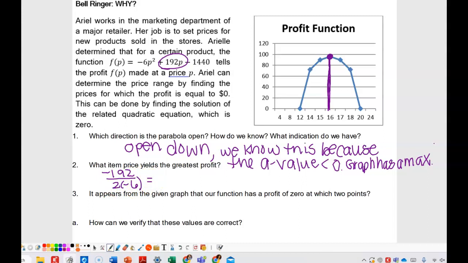So if the graph wasn't given to you, you could also find that point algebraically. It would be negative 192 divided by negative 12, which gives you a positive 16. So the item price that would yield the greatest profit is $16.